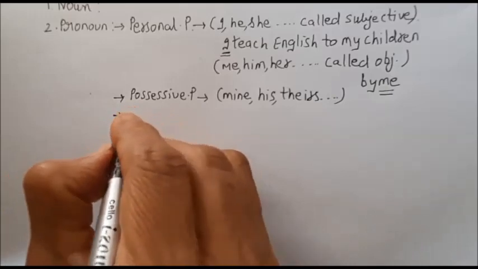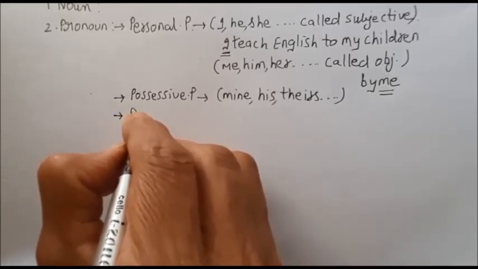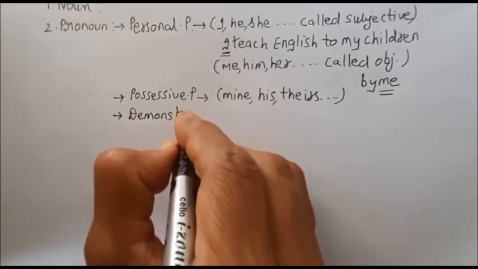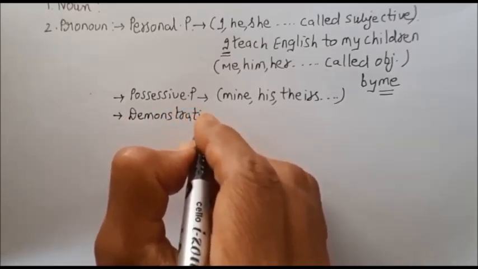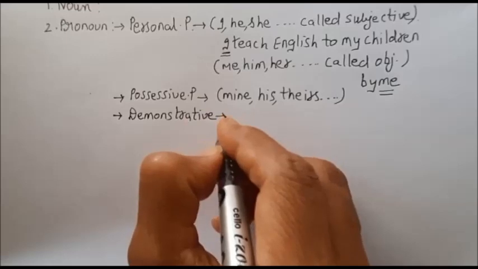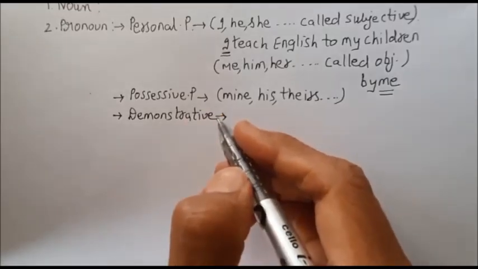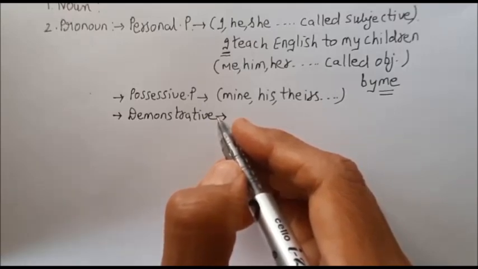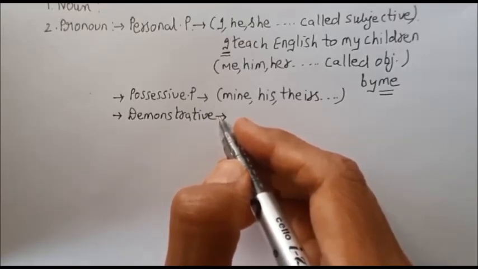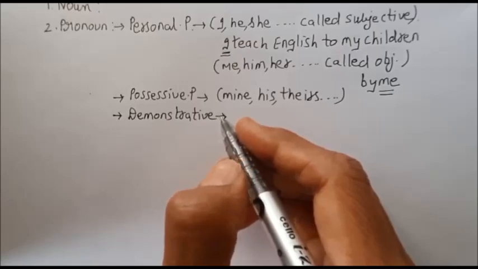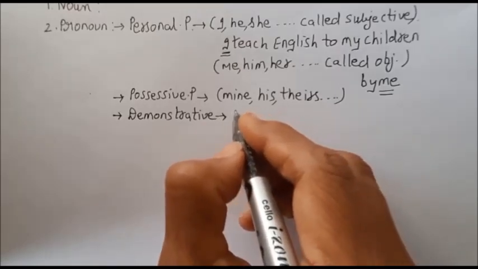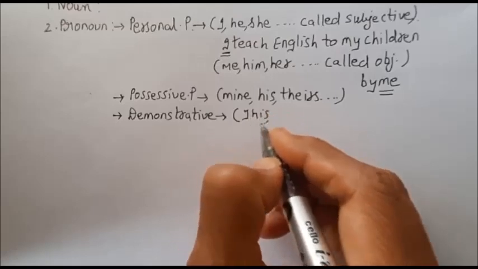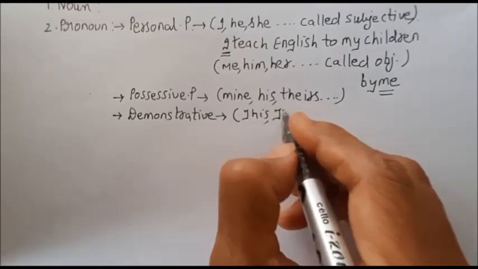that is demonstrative pronoun. Now what do you mean by demonstrative? Demonstrative means when you demonstrate, when you point out at something, when you are showing something to someone. When we use pronoun to demonstrate or to show something, it is called demonstrative pronoun. For example, this, singular, these.